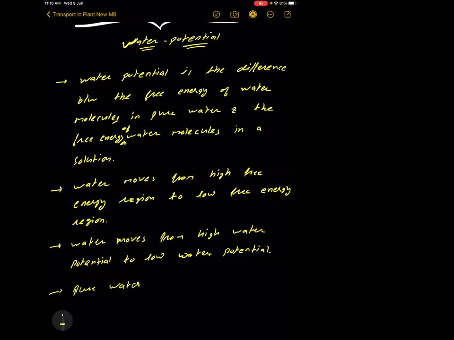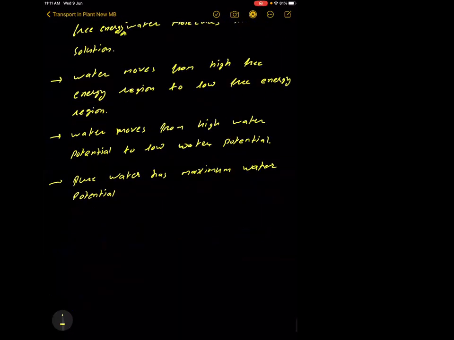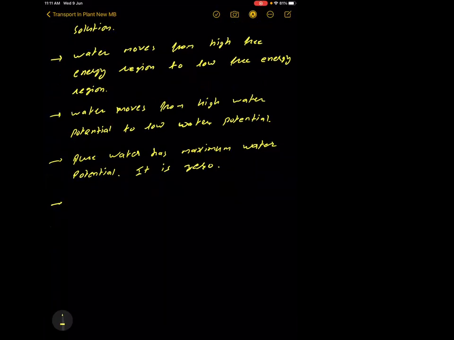So pure water has maximum water potential. Maximum water potential. It is 0. Okay, it is 0. Maximum. When any solute is dissolved in pure water, a solution is formed.